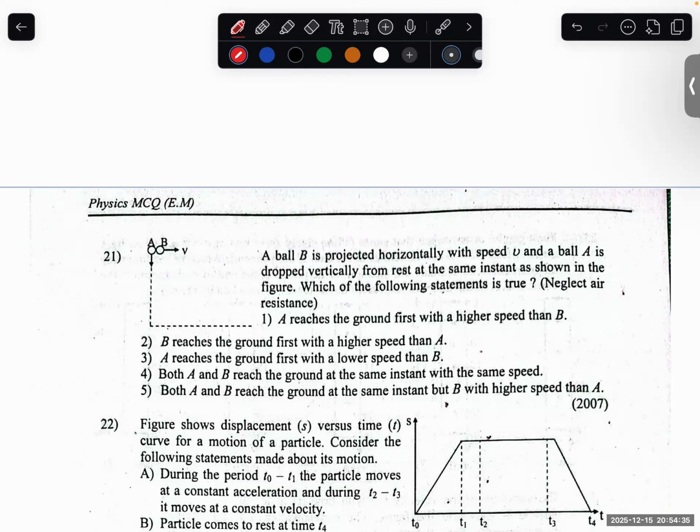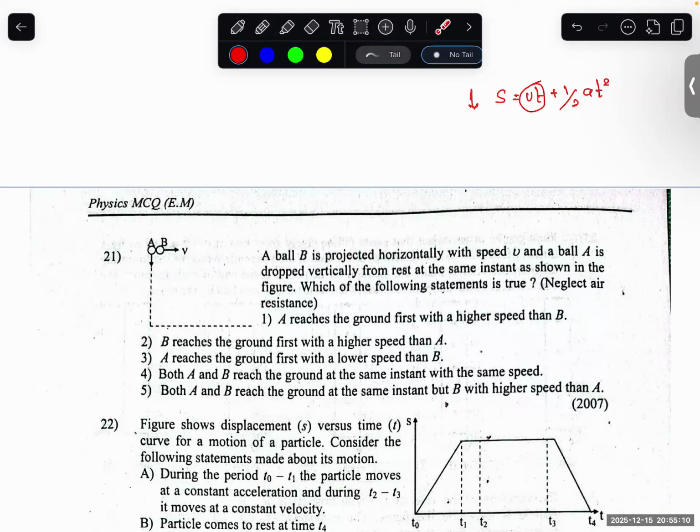Ball B is also thrown horizontally, so you're not giving any vertical initial velocity. So when you use downwards, s = ut + half at squared, ut is 0 for both. In this direction, they will have the same acceleration, which is g. And the same distance they have to travel. So t should be the same, right? Same vertical height they have to travel. a is the same, so t should be the same.